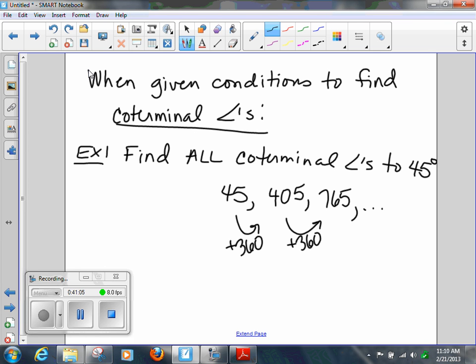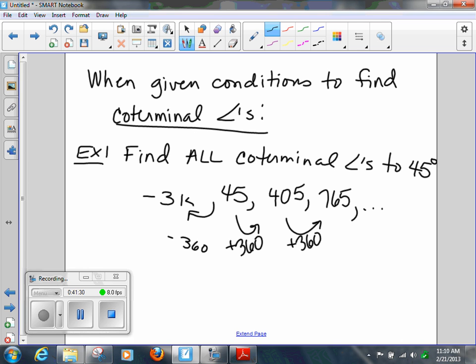Okay. It can go on and on and on. I've got to go the other way too, though. Now we're minusing it. So I'm going to take 45 and subtract 360. What do you get?